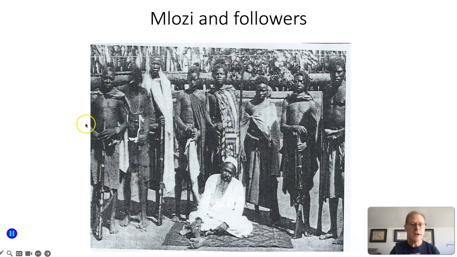And it's interesting, these are actually carbines. So this is later 19th century, maybe the 1880s. You can tell because these are shorter guns. So either percussion cap or flintlock guns here. But that's what's going to fuel this violence in exchange for ivory and gum copal from the interior.